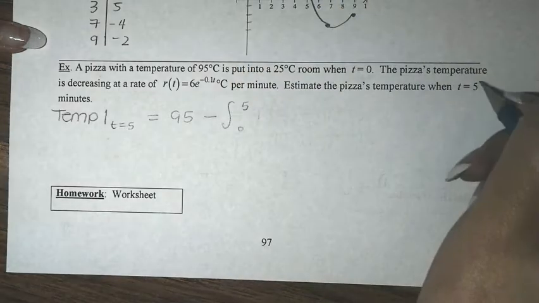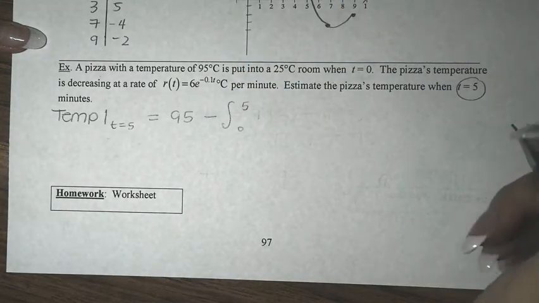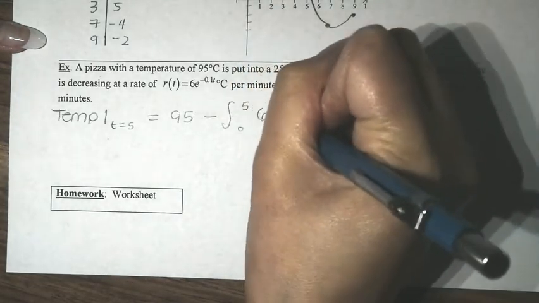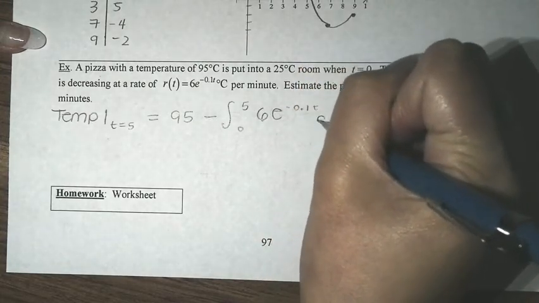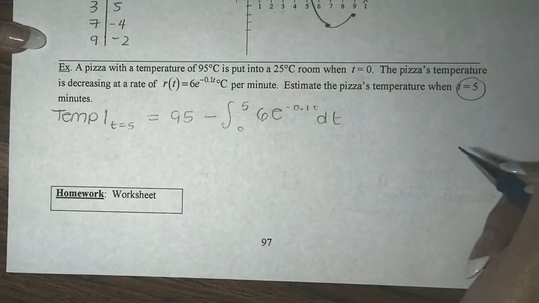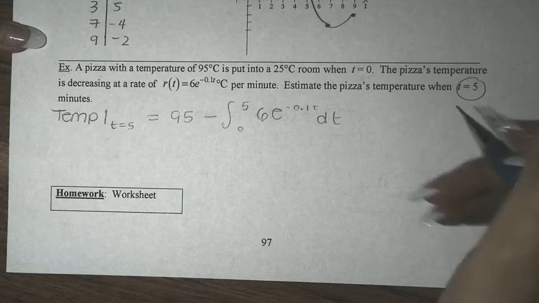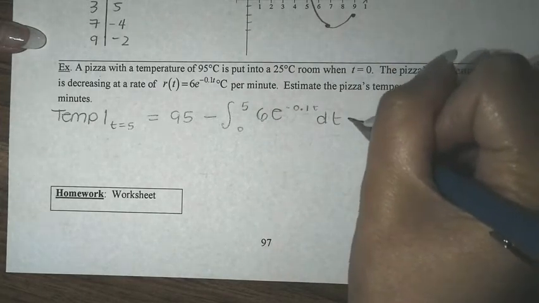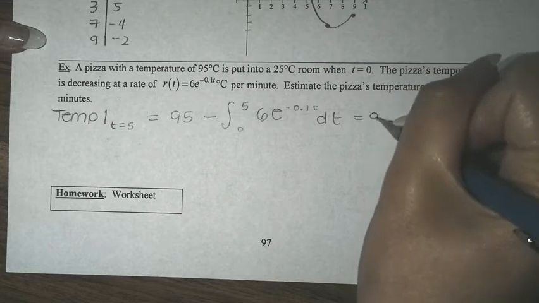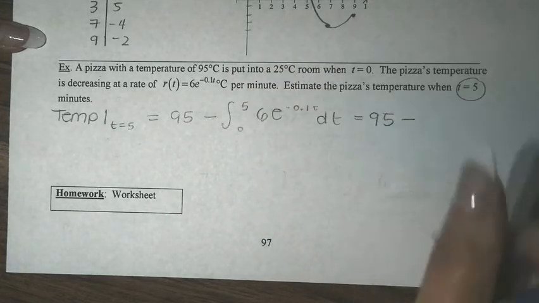Why 5? Because that's the time at which I want to estimate the temperature. So you have 6e to the power of negative 0.1T dt. What are you going to do here? Well, pretty much I'm going to plug this in the calculator. So you have that this is going to be 95 minus some kind of number.